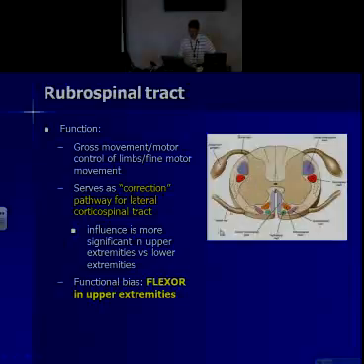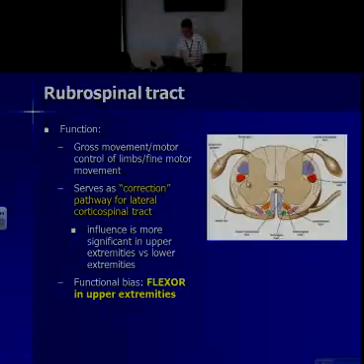Then the other piece is this whole issue of muscle tone bias. Some of these tracts promote extension, some promote flexion. The rubrospinal tract promotes flexion, a flexor bias, if you will. So for each of these tracts, you have to know which side of the coin they follow.